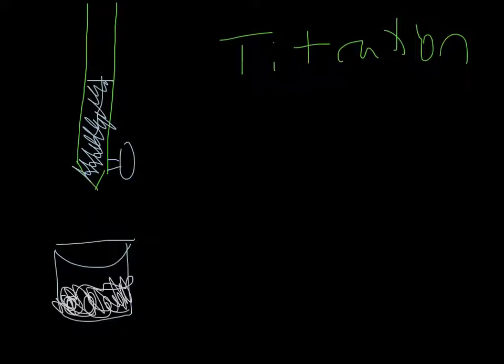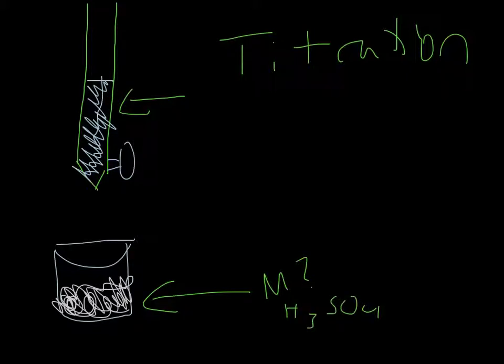So what happens is you have an unknown concentration down here, so question mark, and up here you have the neutralizing agent that you know what it is. So usually if this was an acid, let's say this was sulfuric acid, H2SO4, then this guy, you'd probably use something like a strong base like sodium hydroxide.